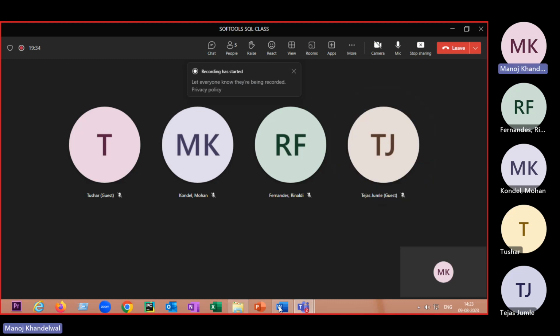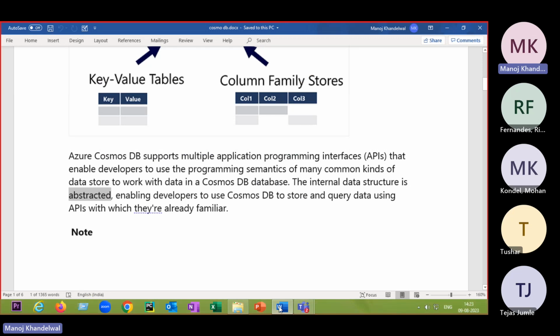Abstraction means hiding the complexity. For example, the data is in the NoSQL format, and you are not comfortable using that. But if you can query the same thing using SQL syntax, then you are happy, right? So it has created abstraction.